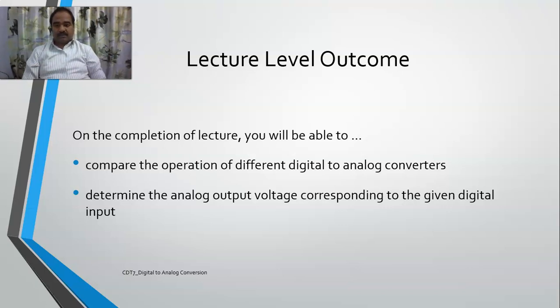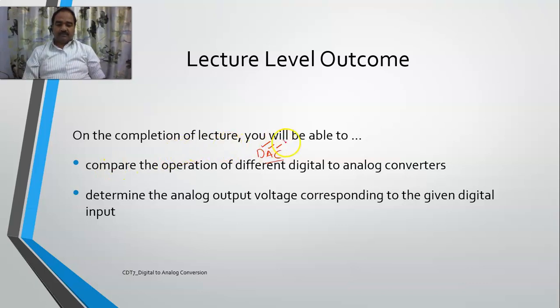I hope that by the completion of this lecture, you will be able to compare the different DACs which are extensively used in digital relays. DAC stands for digital to analog converter.